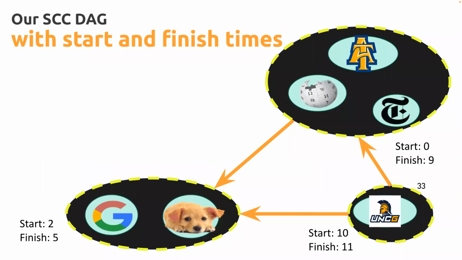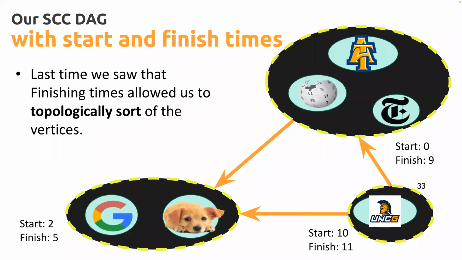So what I've done here is I have created this graph and I have added the starting and finish time for each of the giant nodes, right? Last time we saw that the finishing times actually allow us to topologically sort vertices. You guys remember that when we learned depth first search?